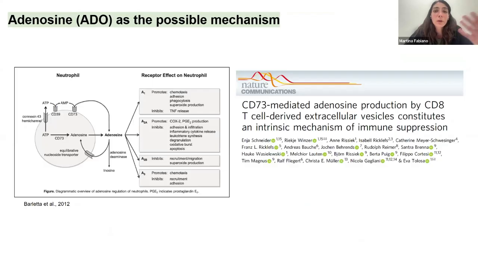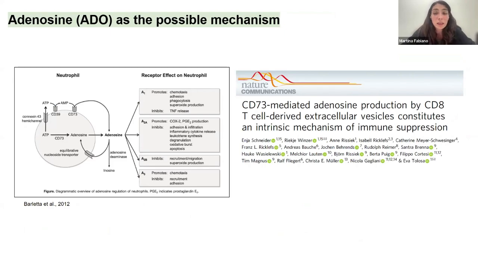So we started thinking about the possible mechanisms by which EVs are modifying neutrophils. And we started thinking about adenosine, which is a final product of ATP cleavage.